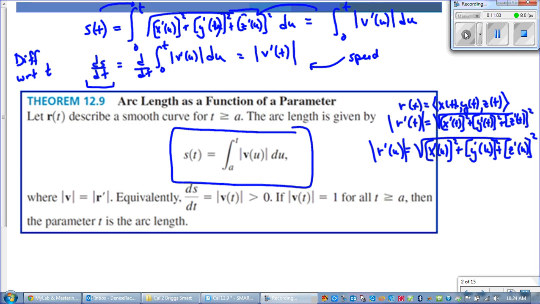Now notice here, if we had that the speed was 1, then we would be integrating s of t equal to the integral from a, whatever the value of a is, to t of 1, which would end up being just t minus a. So what this says is if the speed is 1, the arc length is just that parameter t.